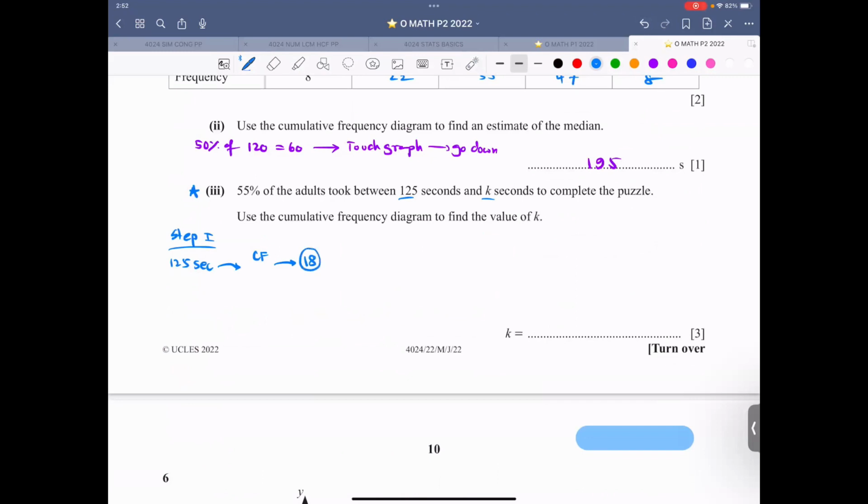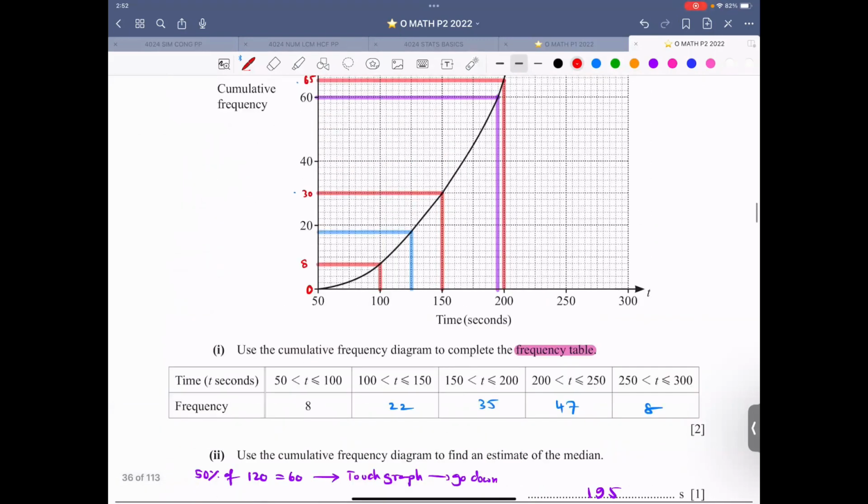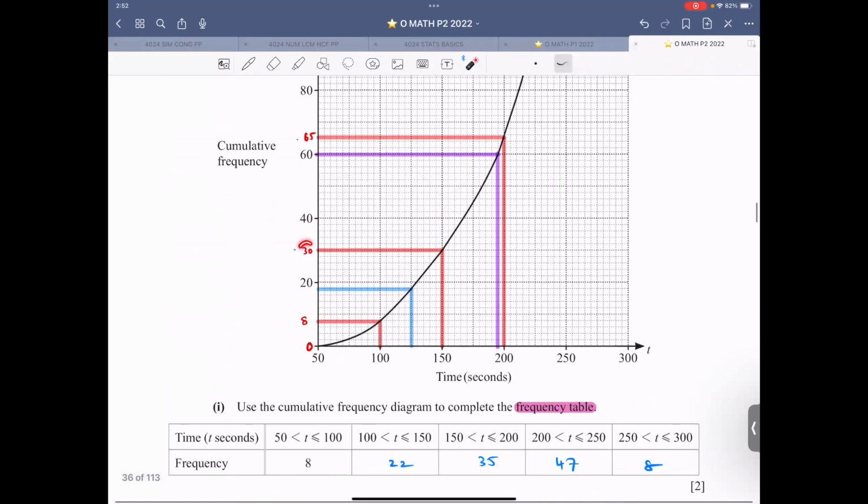That's the first thing. Now the second step, step two, calculate 55% of cumulative frequency. That's 55 over 100 of 120. And this comes out to be 66. Now, as we have seen over here, in the previous question, one value is 30, the other one is 65.